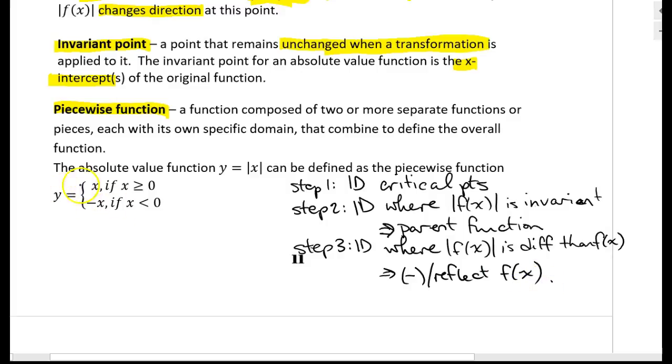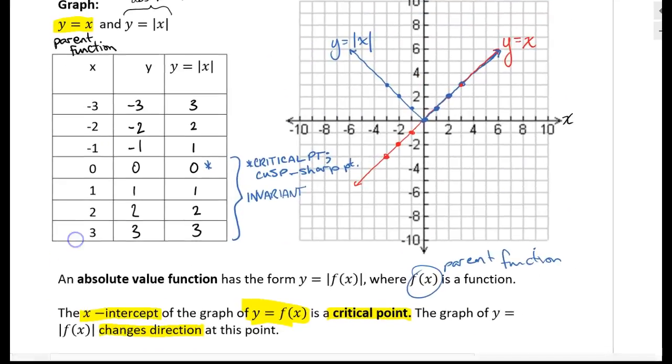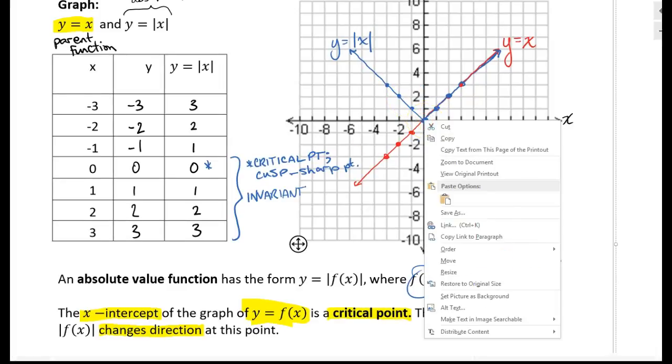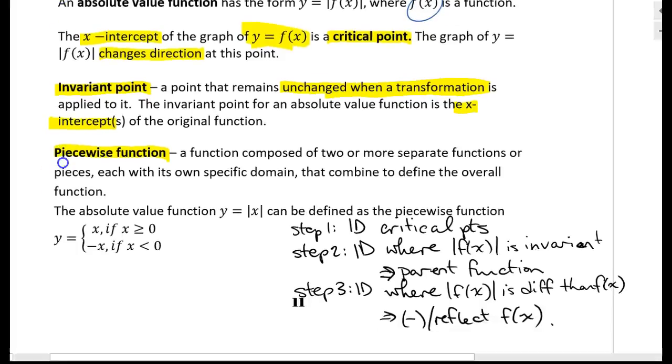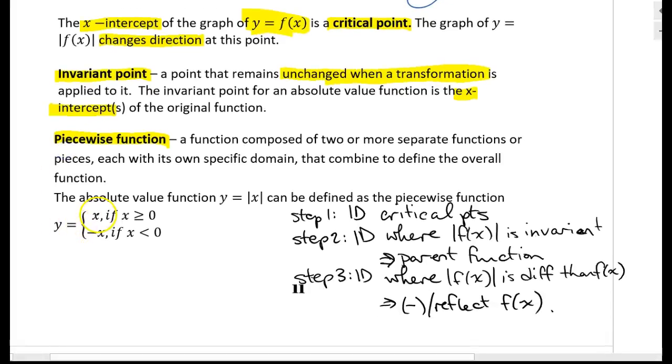So what that looks like is, in this particular case, my invariant point, or my critical point specifically, is 0. And my invariant points, where it overlaps with my parent function, is when it's bigger than 0. So when I write my piecewise function, I'm going to write y equals, and then my normal parent function, y equals x, if x is bigger than or equal to 0.